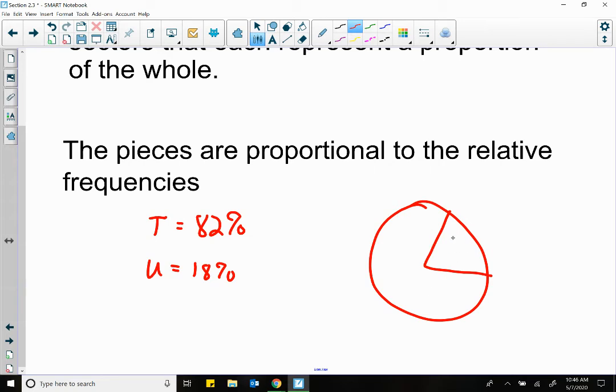This little slice right here represents 18% of the circle. That's what it means that they are proportional. Those sectors are proportional to the relative frequencies.